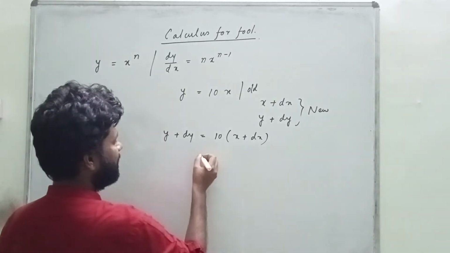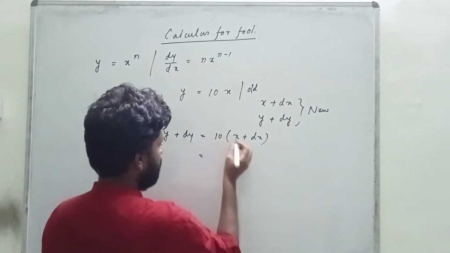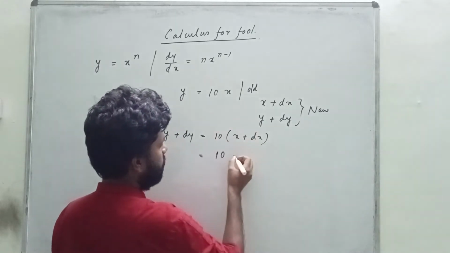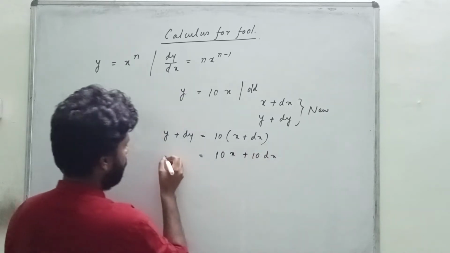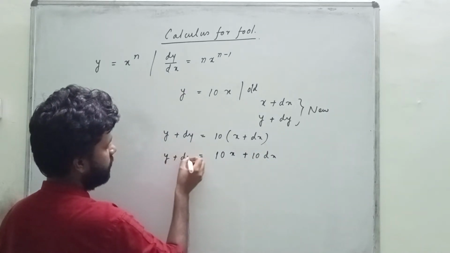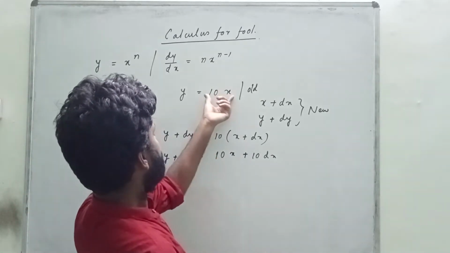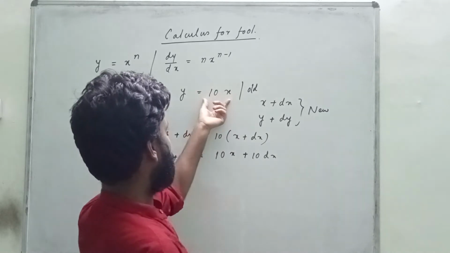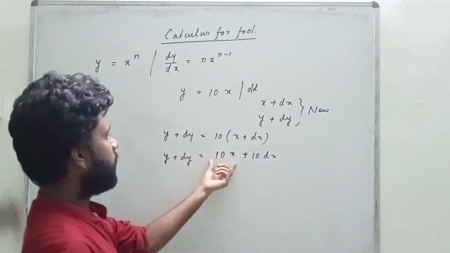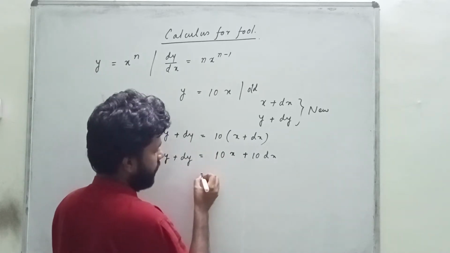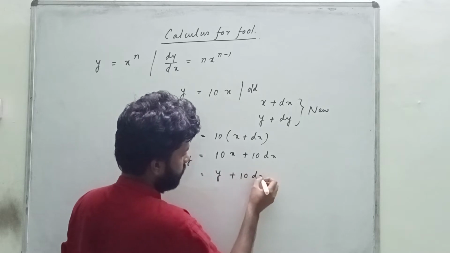And what is this? This is just a simple product. All of you know this, right? So 10x plus 10 dx is the y plus dy. What is 10x actually? It is in our old relationship, y equals 10x, and instead of 10x you can write y, so y plus 10 dx.